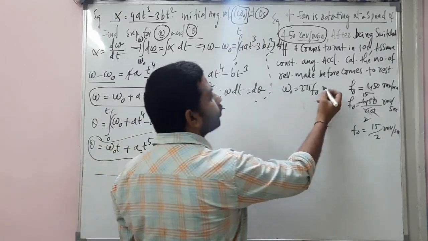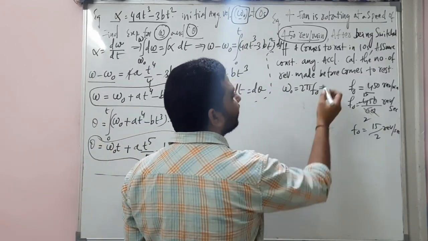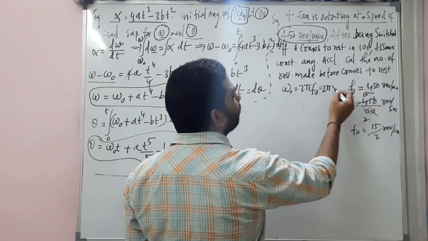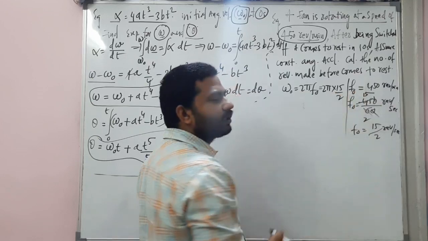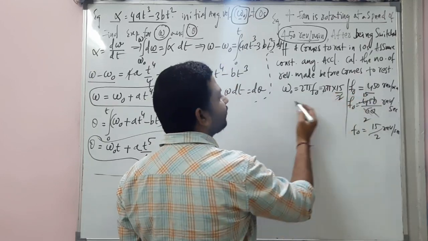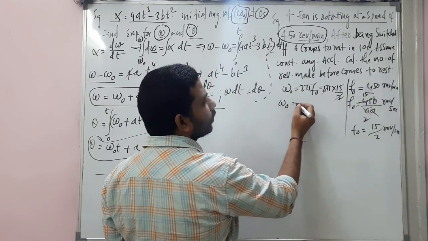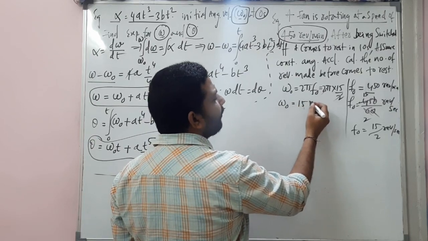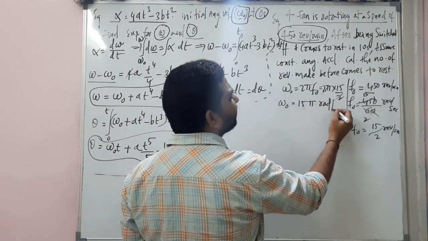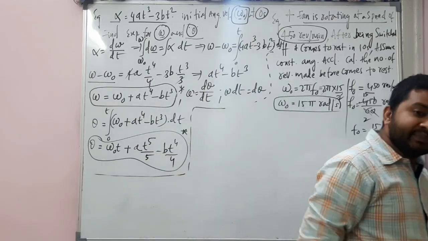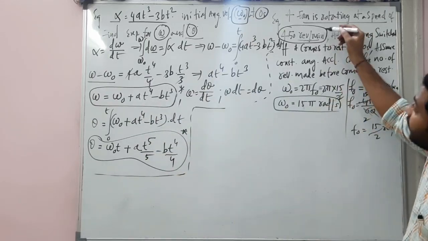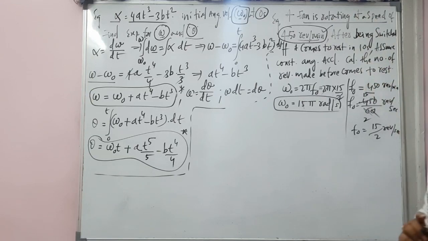Omega naught is equal to 2 pi f naught, so 2 pi into 15 by 2, my dear students, and 2 cancels, and omega naught is equal to 15 pi radian per second. Carefully observe, from the frequency we have found omega naught.